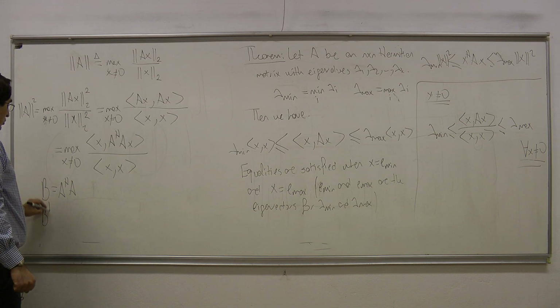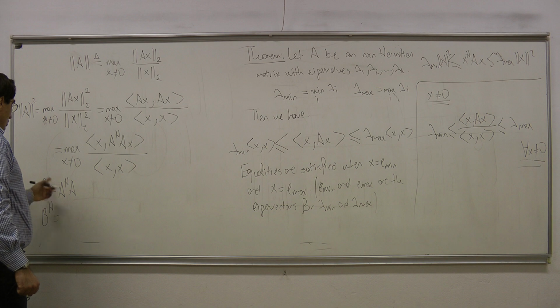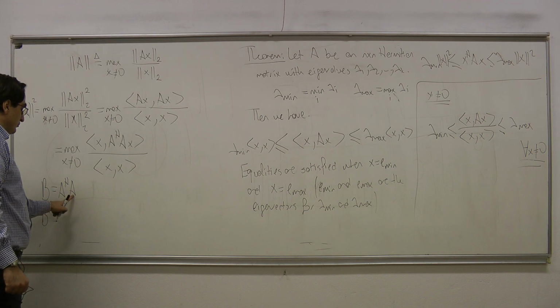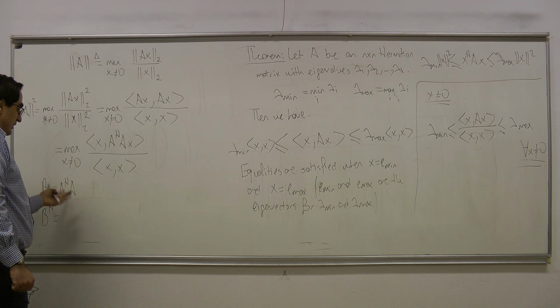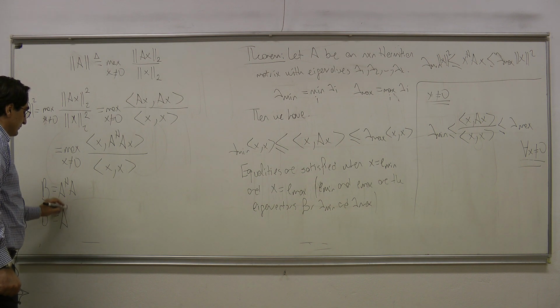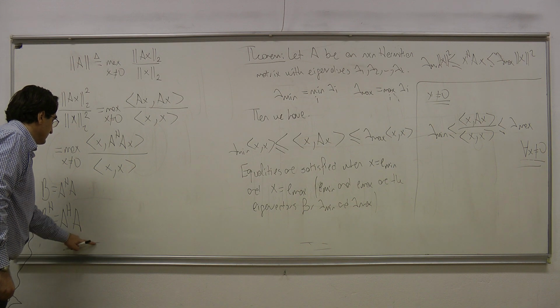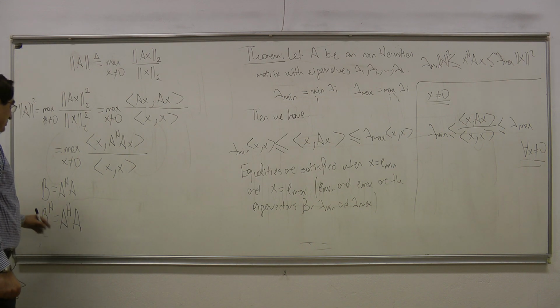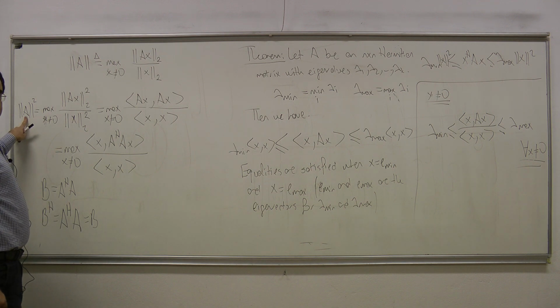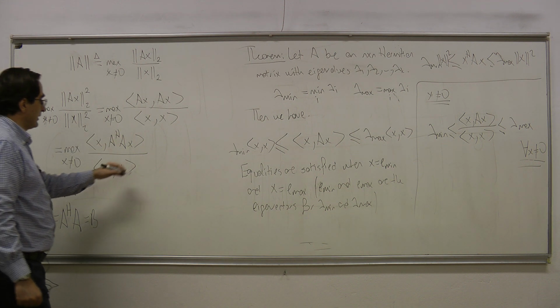If I take its Hermitian, the order will change, and I will take the Hermitian of each element. That is going to be A Hermitian times A. Okay? So B Hermitian is actually equal to B. So even if A is not Hermitian, B is going to be a Hermitian matrix.